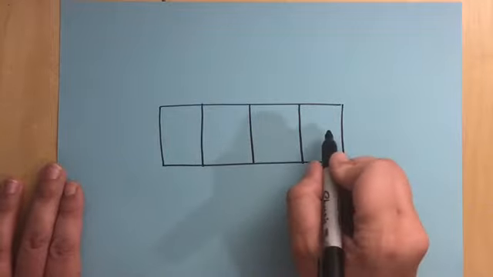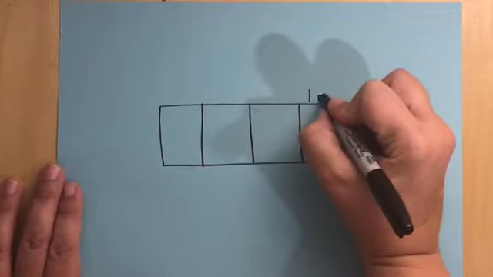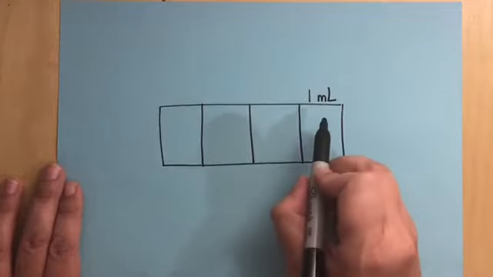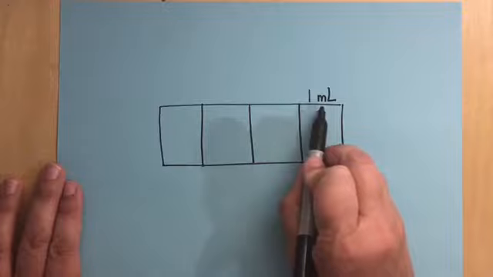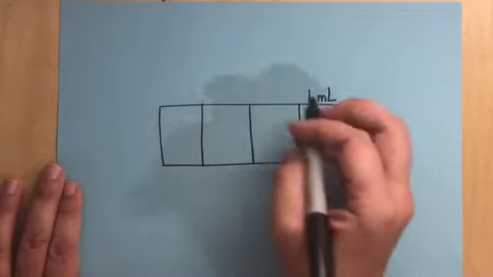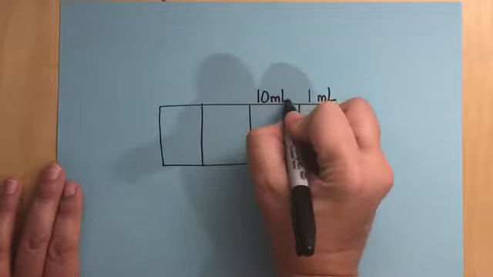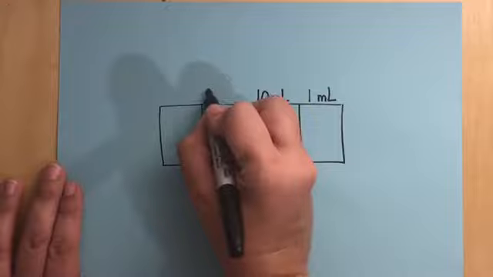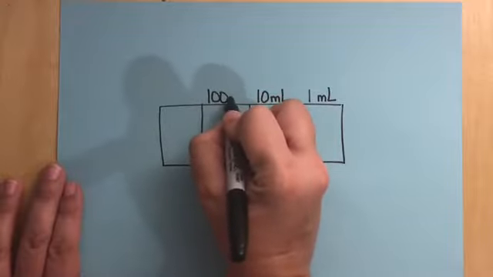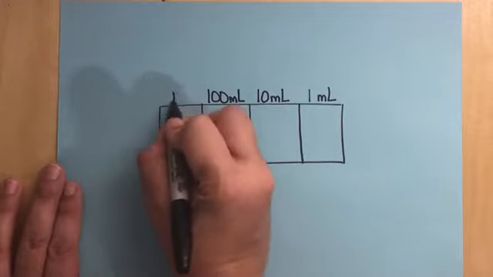Starting from the right side, I'd like you to put 1 milliliter above it. The abbreviation for milliliter is little m, big L, which is kind of fun. In the next one, I want you to put 10 milliliters, little m, big L. In the next one, 100 milliliters. And then finally, in the last one, we're just going to put a capital L for liter.